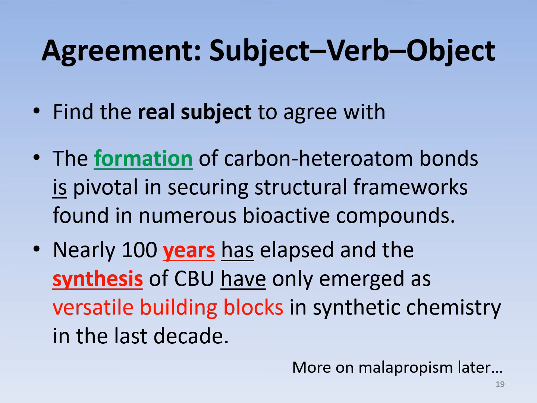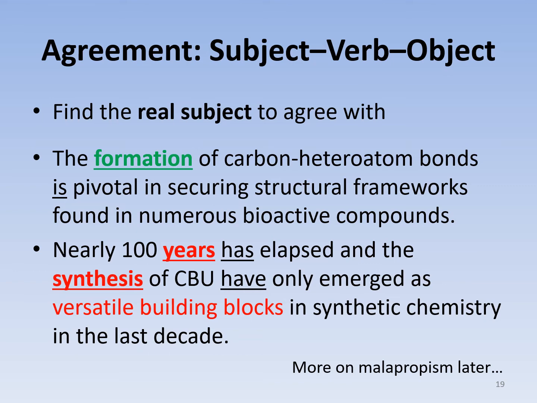If you use has, then it has to be nearly a century has elapsed, and the synthesis of DBU, the synthesis has only emerged. And actually, the problem with this later part is that the synthesis cannot emerge as a building block. It's your molecule that can emerge as a building block. But that is actually a malapropism that we will cover later on in the later slides.